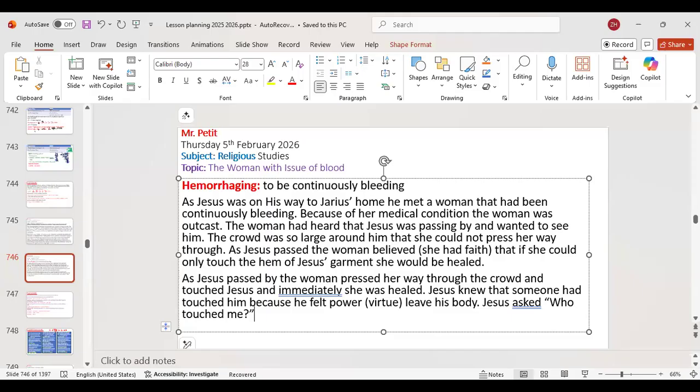The disciples found it a strange question to ask. Why do you think it was a strange question to ask? Because there was a lot of people around him, so anybody could have touched him.